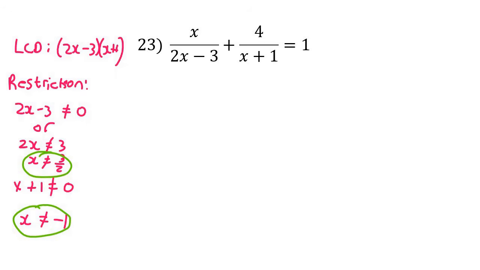Okay, so our lowest common denominator is 2x minus 3 and x plus 1. So this one is going to be multiplied by x plus 1, this is going to be multiplied by 2x minus 3, and this is going to get both. So it's going to look like this.